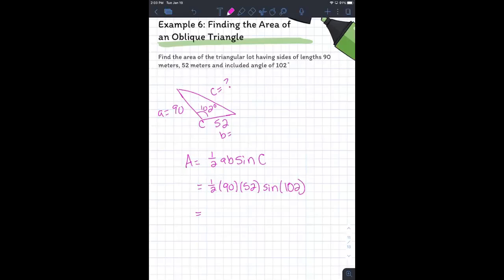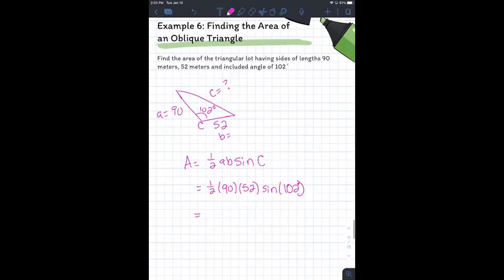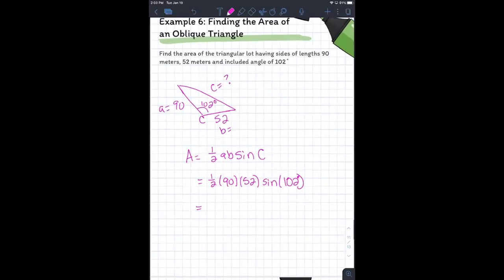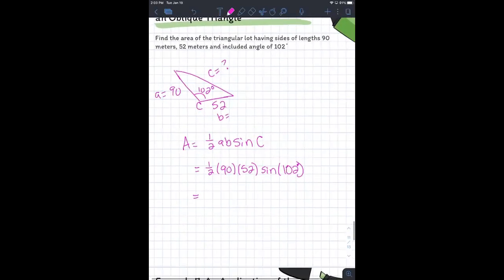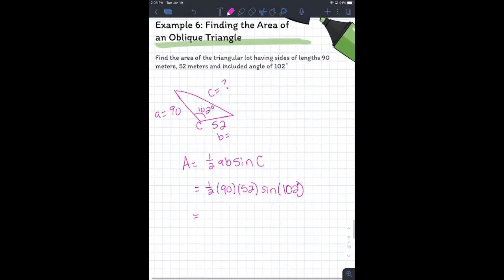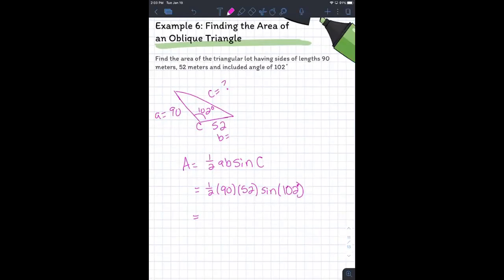Make sure your calculator is in degrees. It should be a large number, in case you were wondering.